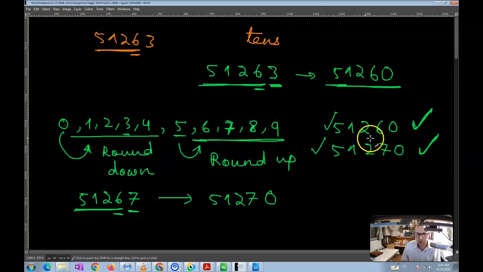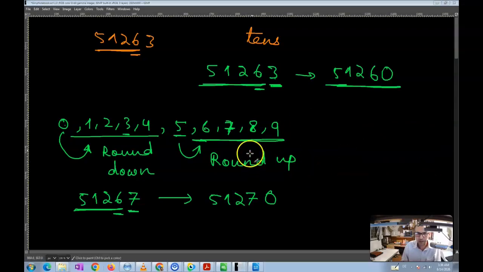But then again, as long as you've understood the concept, you can just simply forget about this. And then depending on this digit, if it's a 0, 1, 2, 3, 4, you're going to round down, meaning that the tens place value remains as it is, and then you will fill the ones place value with a 0. And then again over here, you look at this digit to the right hand side of the tens place value.